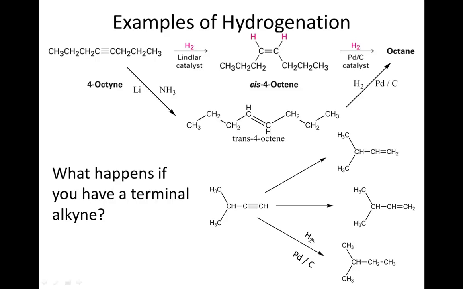Well, if you want to make the alkane, you just put in hydrogen over one of your typical catalysts. If you want to stop at an alkene, then you can either use the lithium and ammonia, or you can use Lindlar's catalyst. I can't tell the difference between these two molecules. Can you? It doesn't matter. Either one of these will still work just because it's a terminal alkyne. It's going to stop at the alkene.